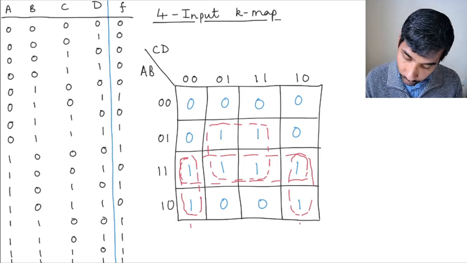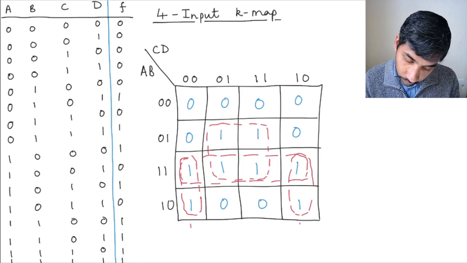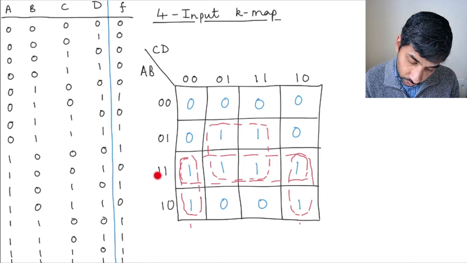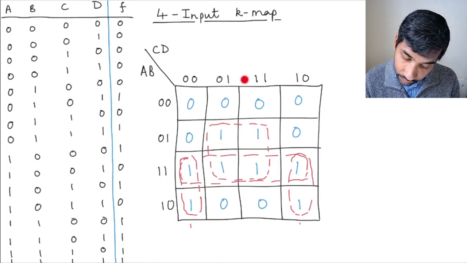So let's start by writing the Boolean expression for this group of ones. If you look at this, C is changing from 0 to 1, so that goes out of the equation. And similarly, if you look at this side, A is also changing from 0 to 1. So you only have D and B in the equation, and D is taking a value of 1 and B is taking a value of 1.